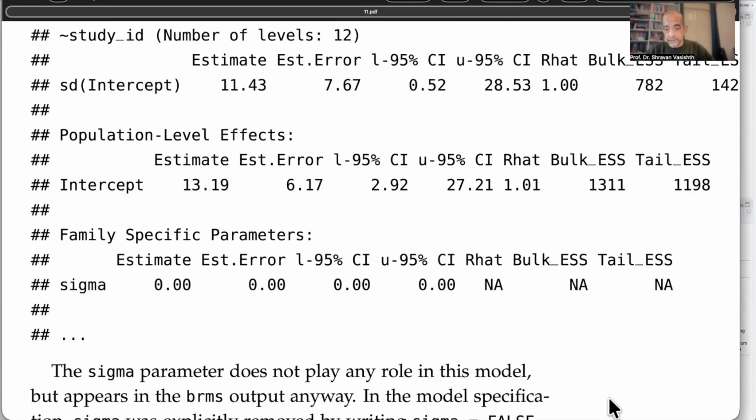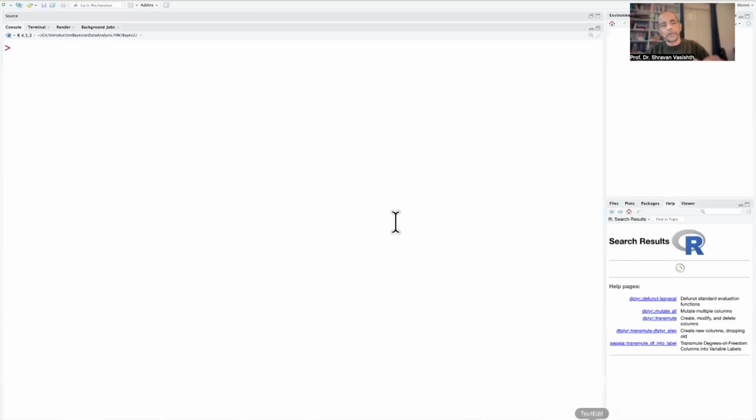So what does that mean? That means if the 95% credible interval is going from 3 to 27 milliseconds, let's say 28 to 3 milliseconds, okay, just be a little bit broader, so the width of that interval is 25 milliseconds.